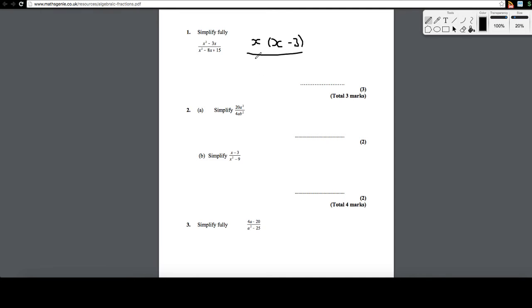We know it's going to be a minus and a minus to create that, so we're going to have x minus 3 and x minus 5, both in brackets, and then from there we know what to do. We're going to cancel out these two, which will leave us with x over x minus 5.